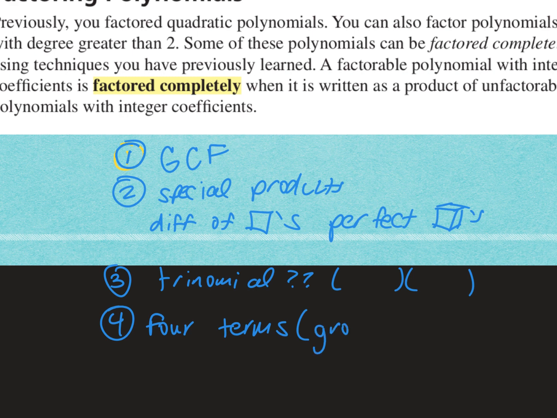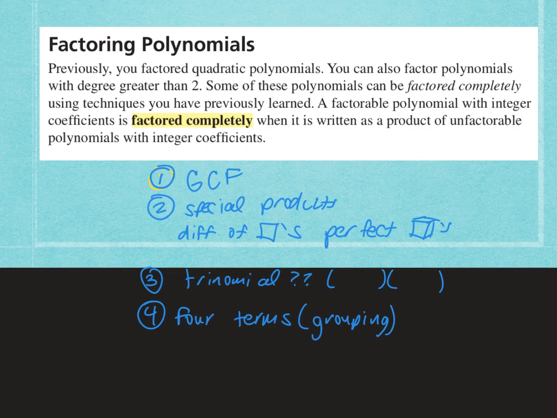Okay, we may not have gone over that yet. No big deal. But we always want to start with that first step of, is there a GCF? Because if there's a greatest common factor, you need to take that out before you start trying to break things down. So we always look for a GCF, then we'll talk about special products, special patterns if we have anything. And then if it's a trinomial, we'll break it down, or if there's four terms, grouping.